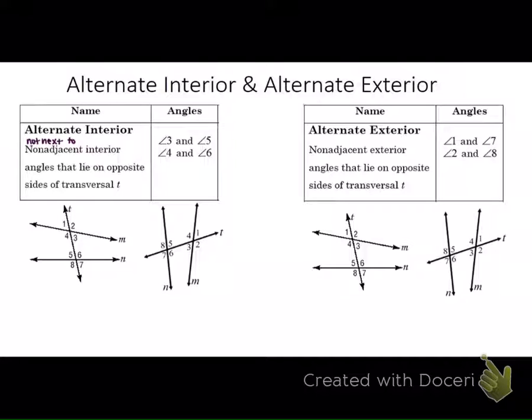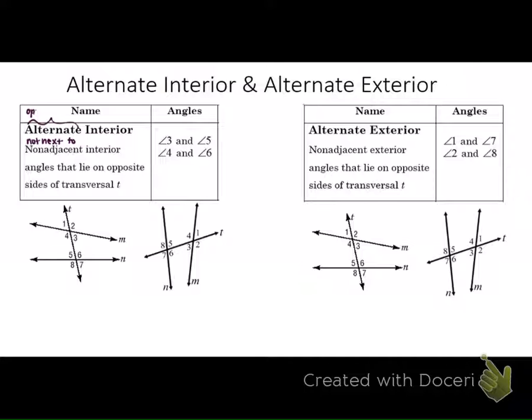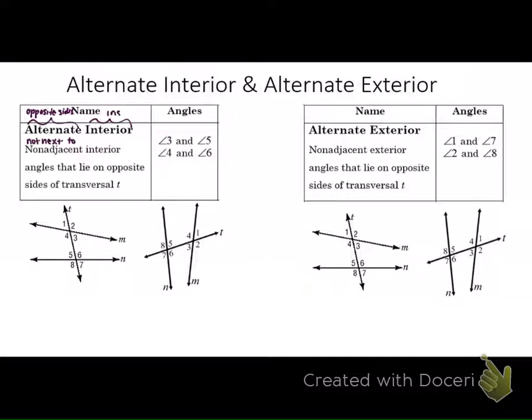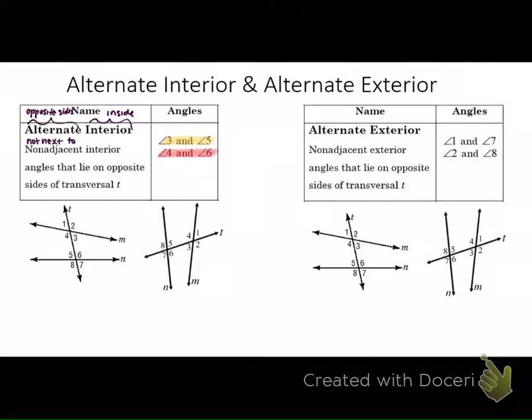Alternate meaning opposite. Interior meaning inside the bread. Don't worry about it. I'm telling you, I'm going to be referencing this a lot. So here are your alternate interior angles. 4 and 6. I'm using different colors than you might want to.